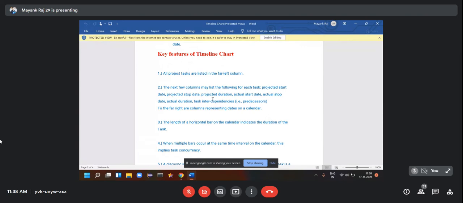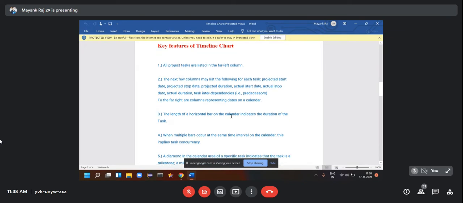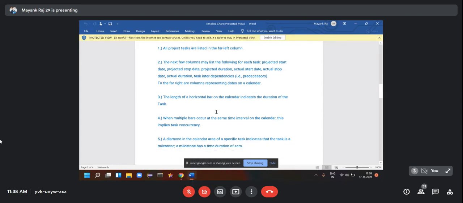These are the important points which are to be marked on the timeline chart. One more important thing is called predecessor. It keeps track of how the processes are taking place, one after another. We use the predecessor concept to mark that.